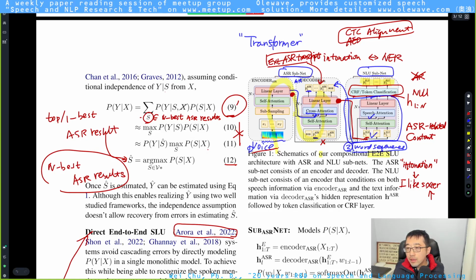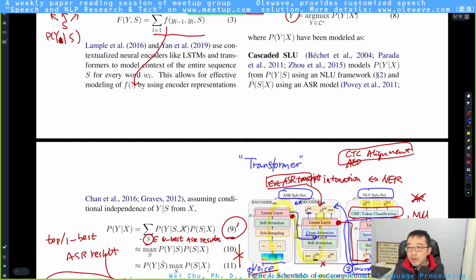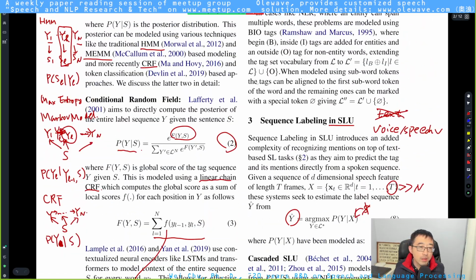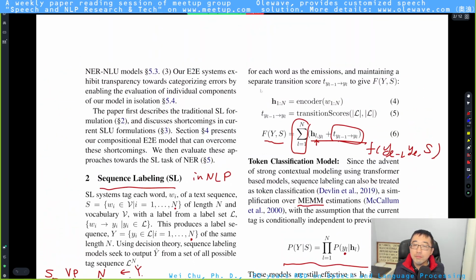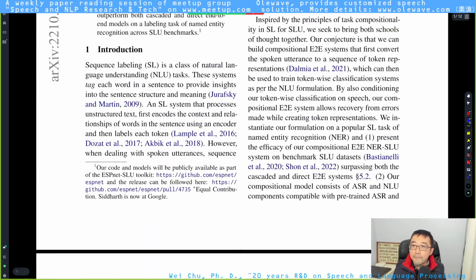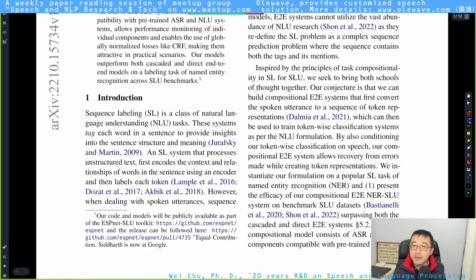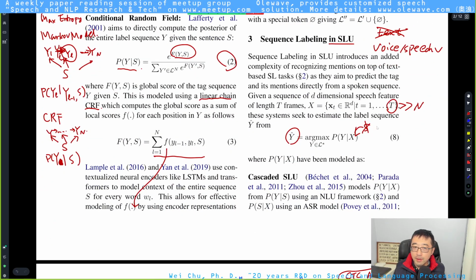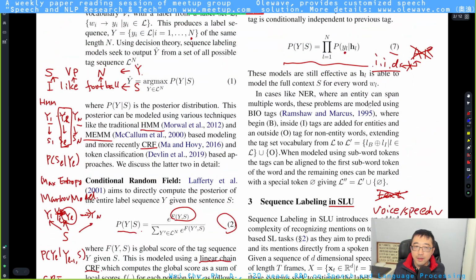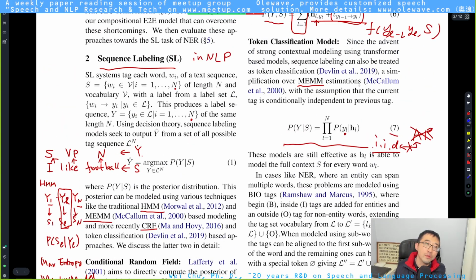Yeah, I think, because I'm not an expert in NLP or NLU, I'm trying to learn this. I guess I really didn't understand this, because if you say you just fine-tune an NLU, there's no speech embedding involved.